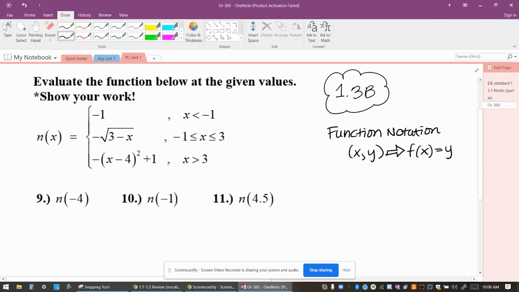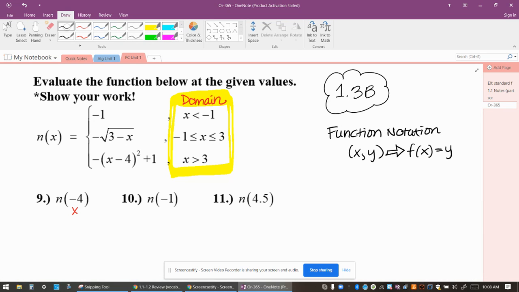In number 9, n of -4 means that they've given you an x value. Notice that x is always related to domain. In piecewise functions, the domain is always given after the comma, the domain of each function.